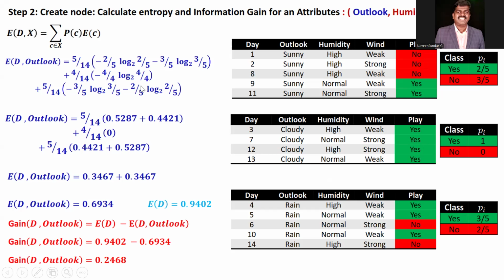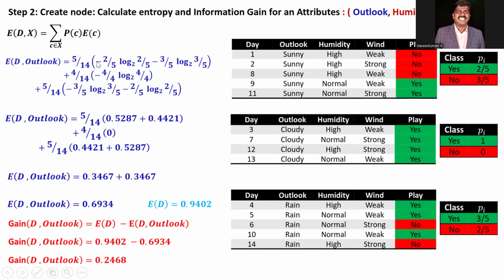Okay. So now we are going for P of C, that is this particular sunny out of how many days. That's why we are putting 5 by 14. And then we are taking in this sunny how many times we can say yes and how many times we can say no. Okay, so we can say that out of 5 times, only 2 times yes is coming.